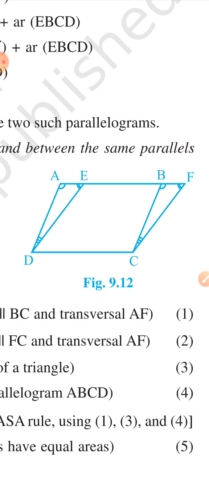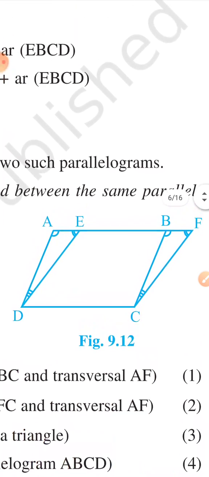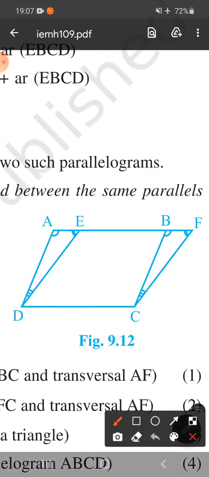These two parallelograms are lying on the base DC and between the same two parallels, that is AF and DC. Now look at these two triangles which are formed here. One is triangle AED and another one is triangle BFC.